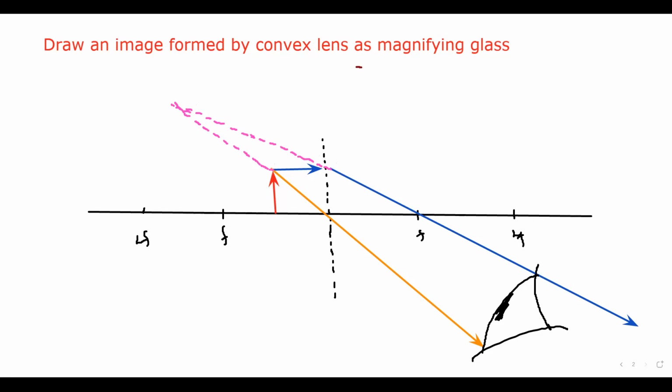So in reality it is not there, this is just our imagination. And here, if the object is a triangle, the image will be a triangle, but it will be an enlarged or magnified triangle. So this image which is formed is not the real image, it is a virtual image, it is just imagination. So whenever the object is placed anywhere between the focus and the lens, the image formed by a convex lens is always a virtual image.